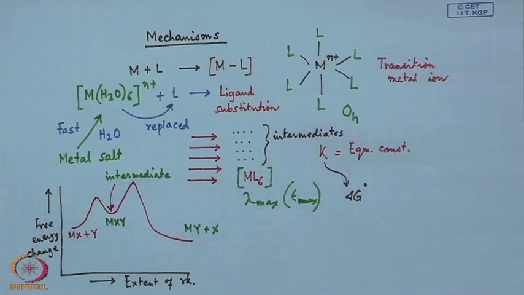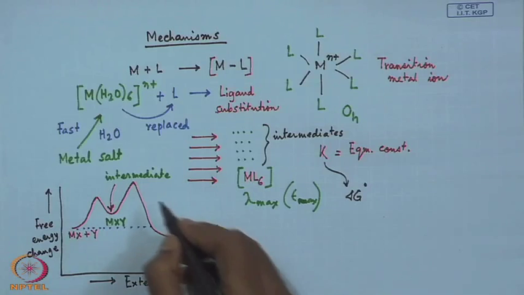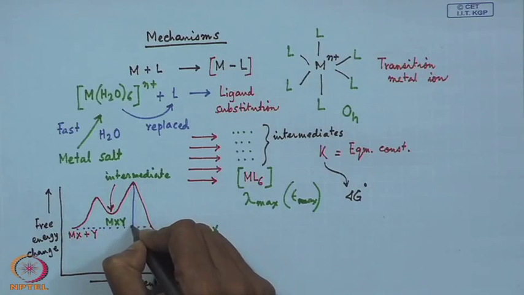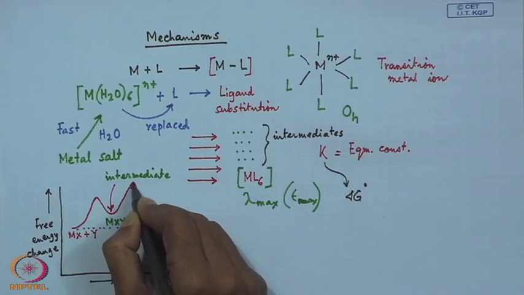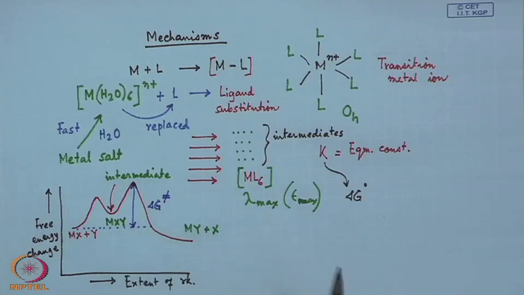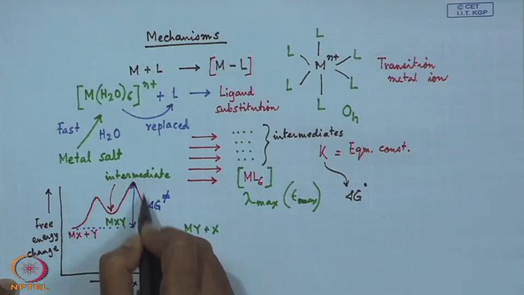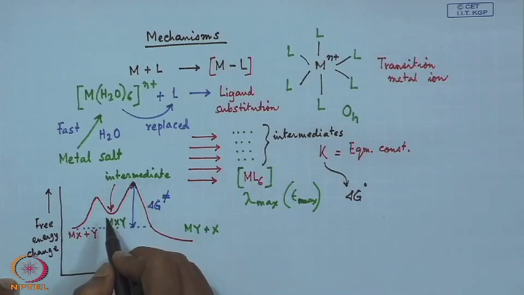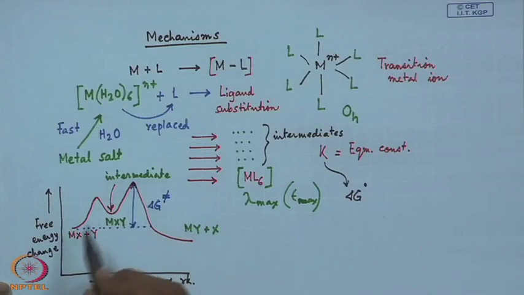So, in this particular case, the activation that we get from there is nothing but the free energy of activation, which is different from the free energy change, and that is basically the activation barrier.